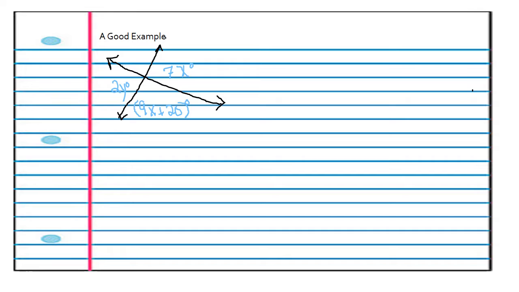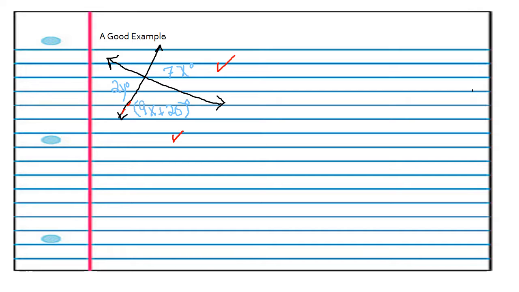Here's a good example of two intersecting lines. Intersecting lines leave us with two different possibilities of an angle relationship. The first one is, do we have linear pairs? That is, two angles adjacent to each other that make a straight line.